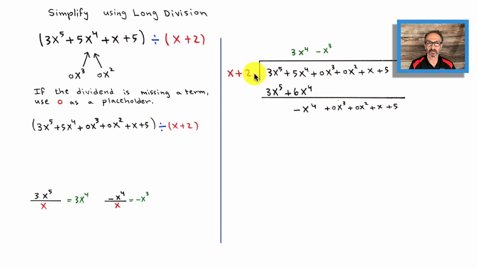Negative x cubed times x is negative x to the 4. Negative x to the third times 2 is negative 2x to the third. Let's subtract them and bring this down. This cancels. When you subtract here, this changes to plus. That's why I have positive 2x to the third. Let's bring this down.